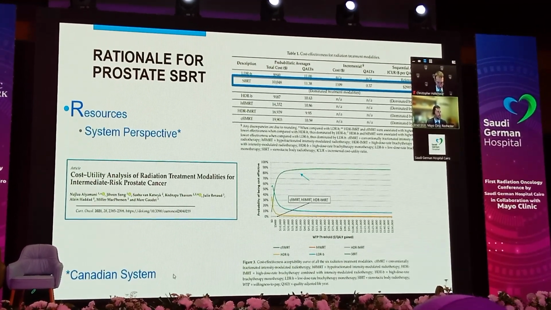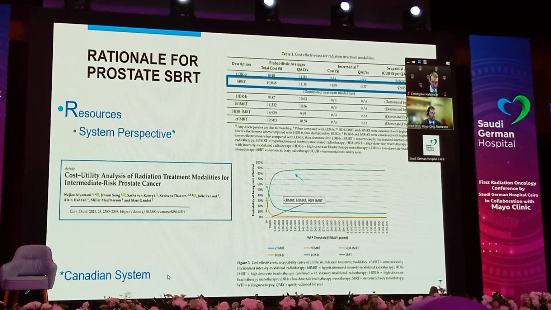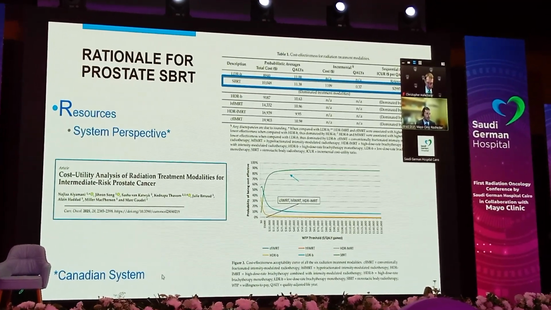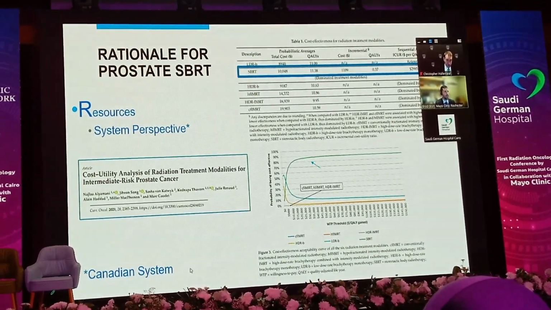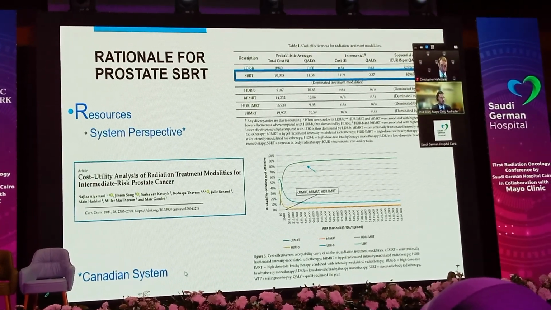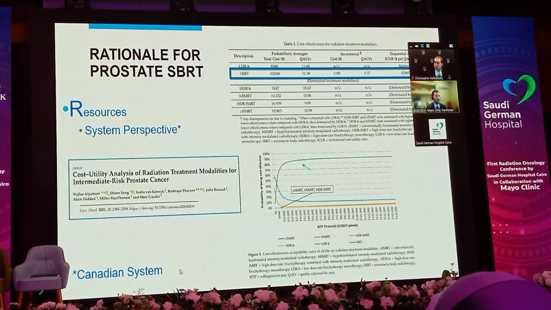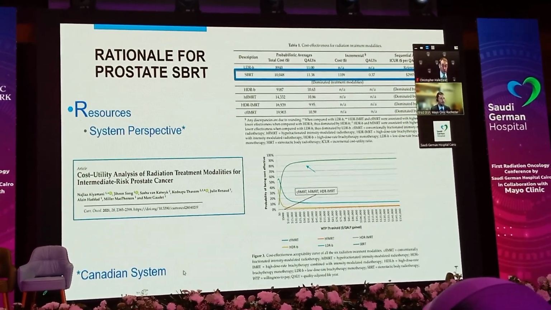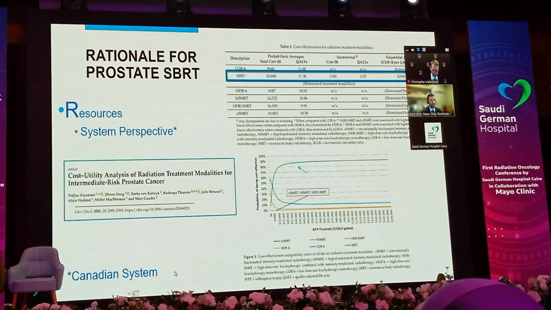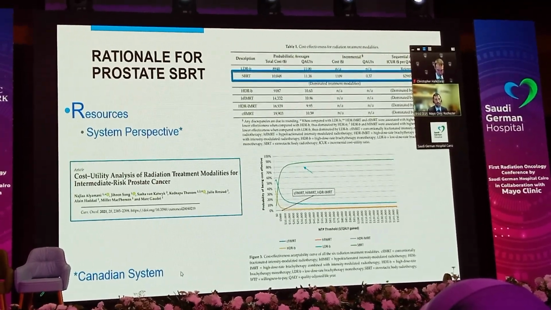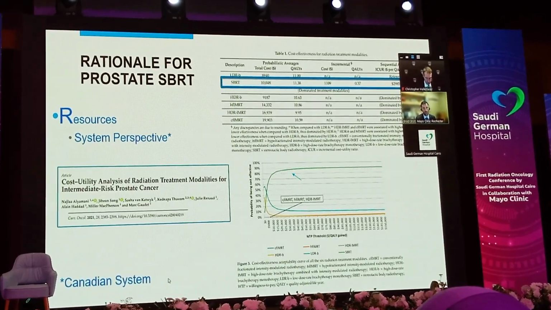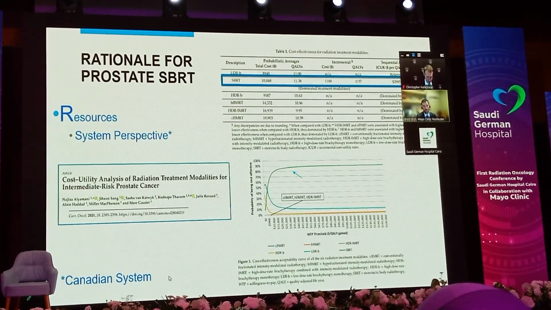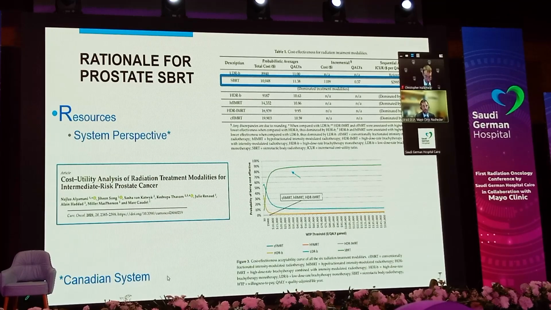This is a paper from the Canadian healthcare system that looked at the cost effectiveness of different treatments, and really they found that SBRT provided the most cost-effective treatment strategy for prostate cancer, taking into account resource utilization, expected long-term treatment outcomes, both in terms of cancer control and toxicity.